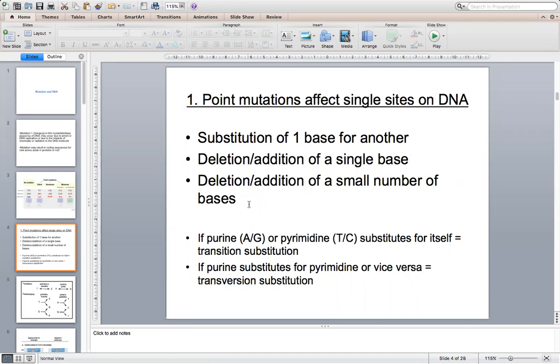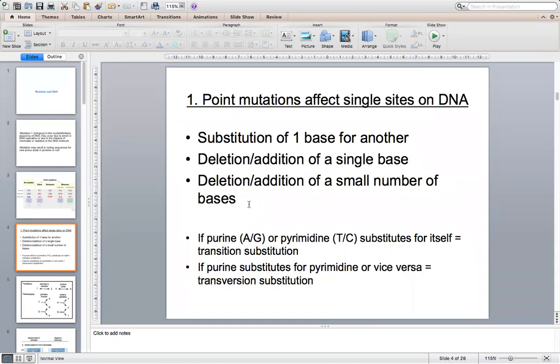The second change is deletion or addition. Sometimes, due to some fouls or something, they may remove a player. The third thing is, if you want your team to be strong, you put in an additional member. That is the addition of a single base.